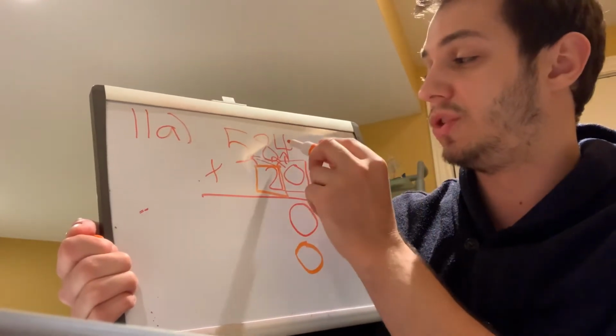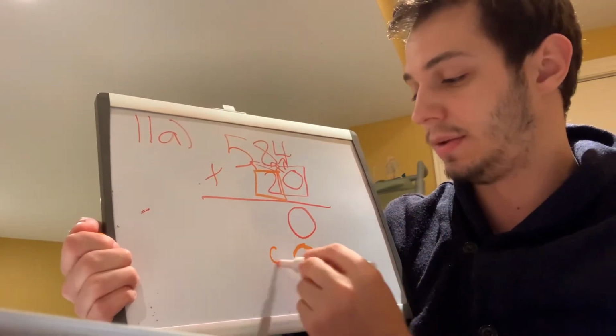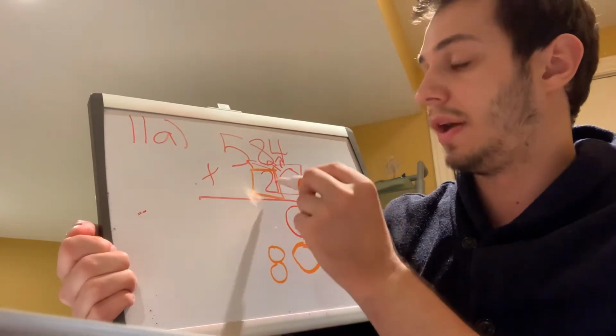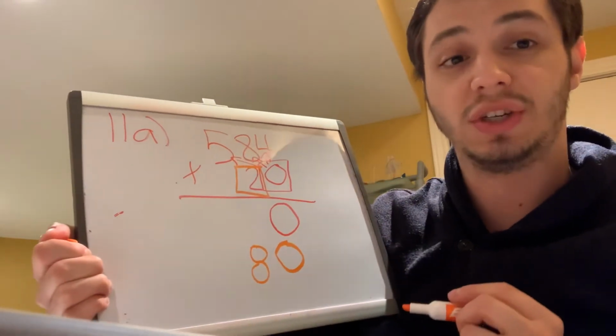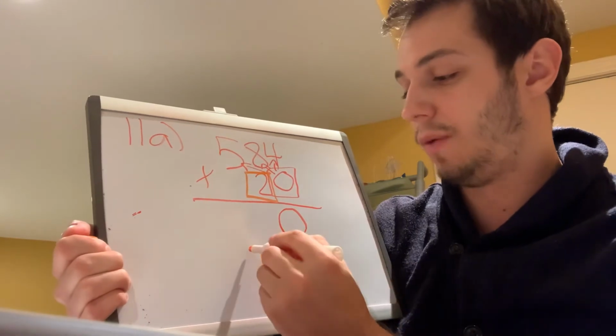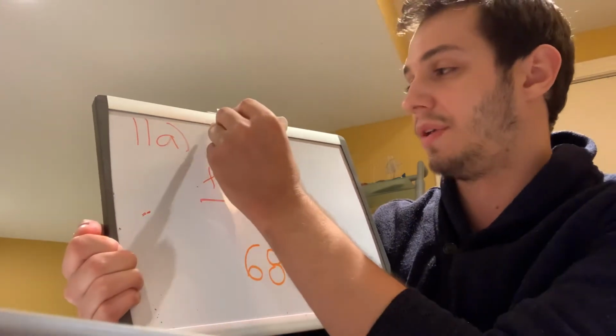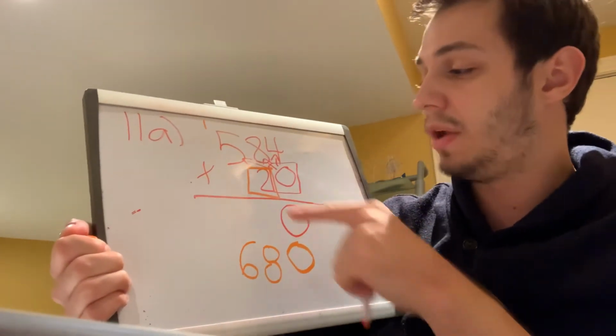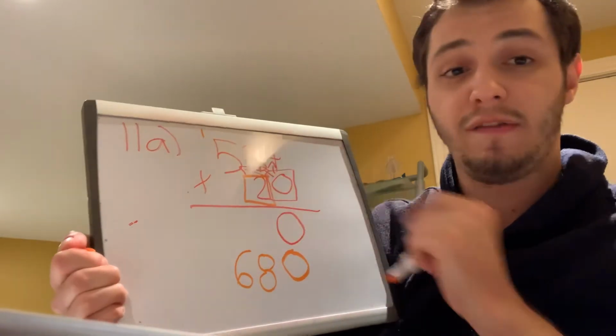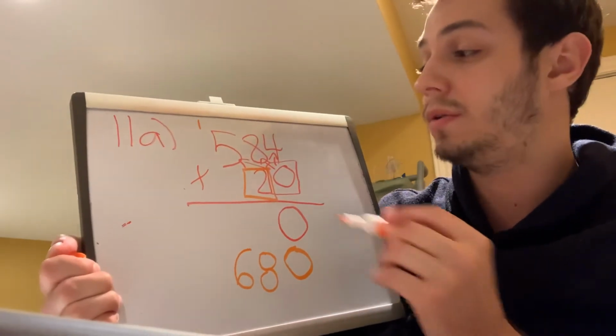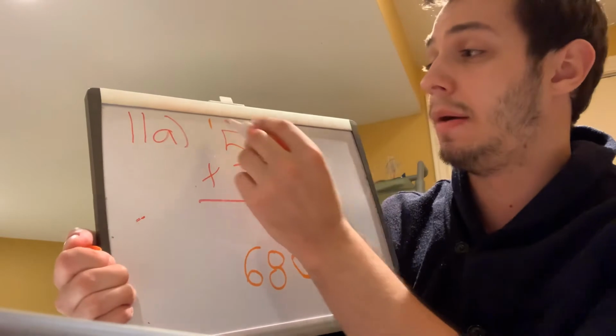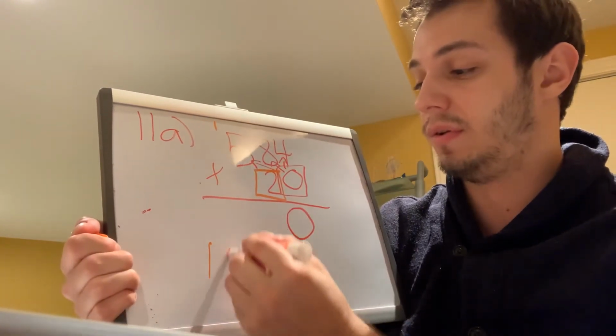I'm going to multiply the 2 and the 4, which is 8. I'm going to multiply the 2 and the 8, which is 16. I'll put my 6, and I carry over my 1. And then I'm going to multiply the 2 and the 5 and add the 1. So 2 times 5 is 10, plus the 1 is 11.